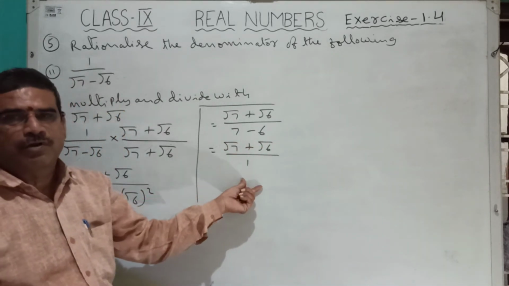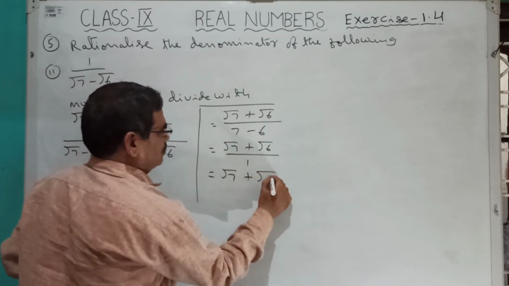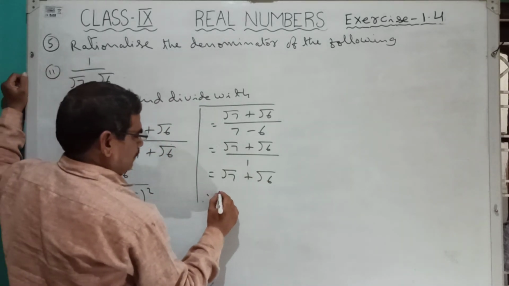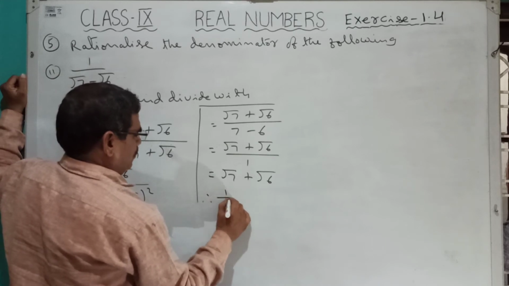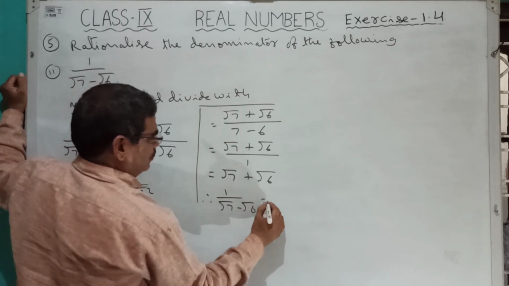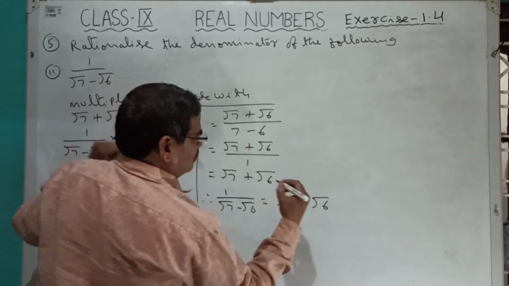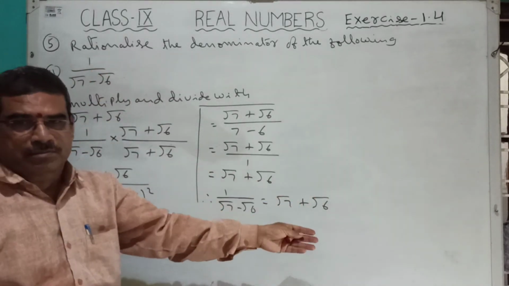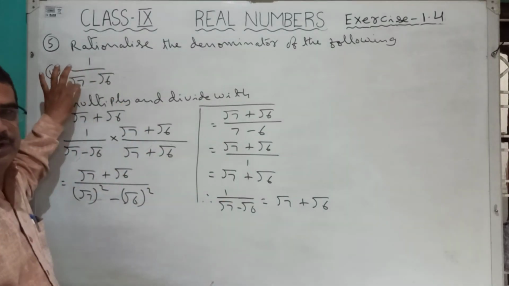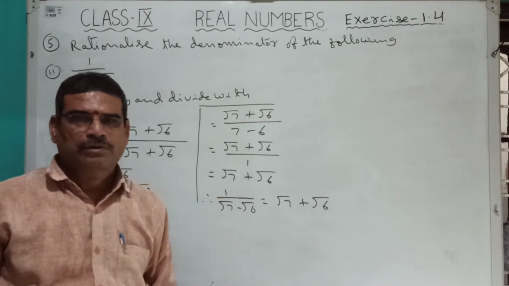In denominator for 1 no value, so simply I am removing that 1. Root 7 plus root 6. Therefore 1 by root 7 minus root 6 is equal to root 7 plus root 6. Here in denominator the irrational number is there. That irrational number is converted into numerator. Okay.